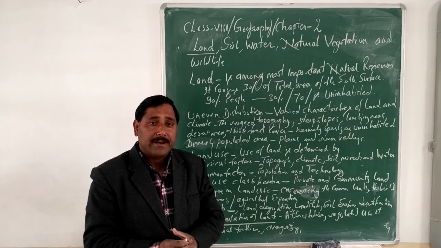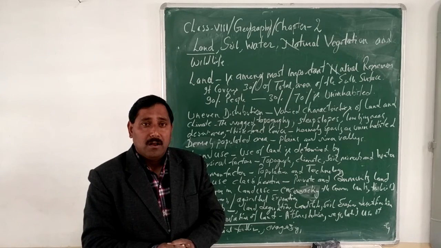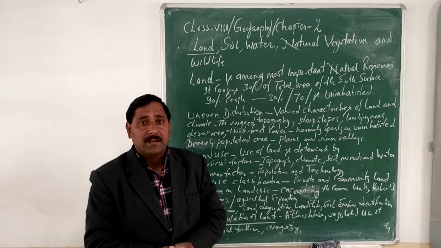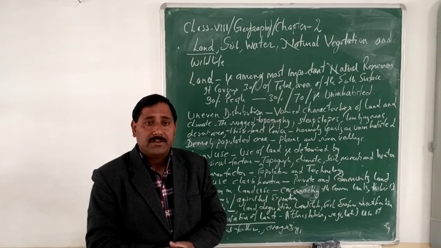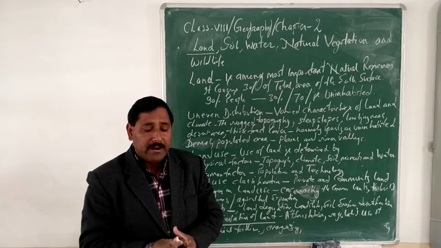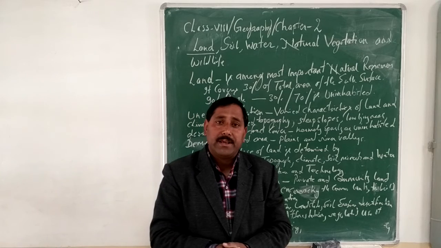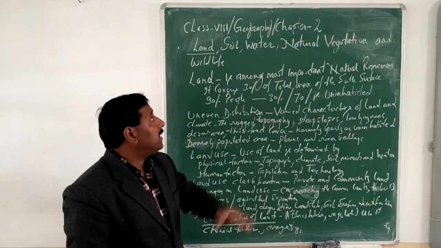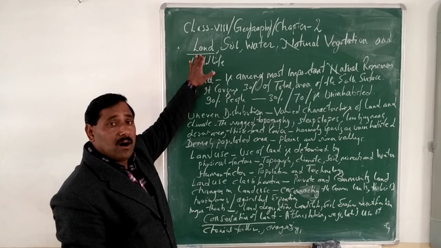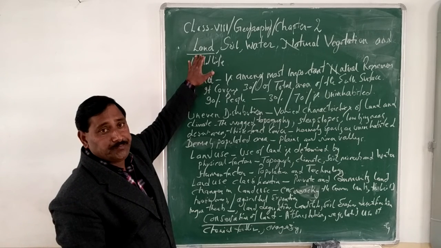We take birth over it, we do agricultural activities, industrial activities, and lots more. So all human activities take place over the land. So it makes land a very important resource.